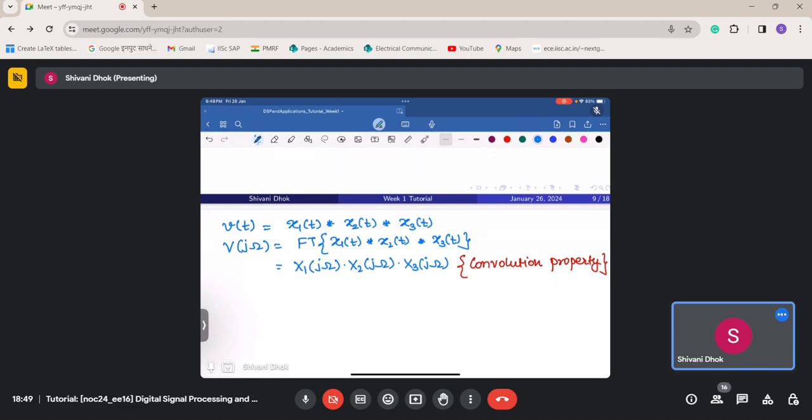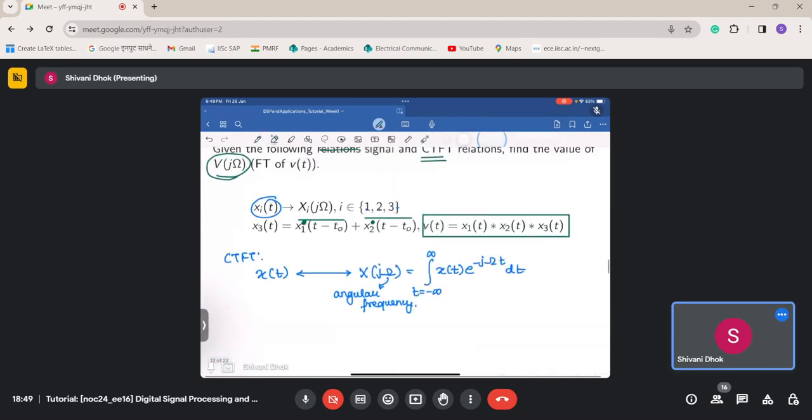Okay, so now x3(t) is related to x1(t) and x2(t). So we need to find the value of X3 of j omega in terms of X1 of j omega and X2 of j omega.